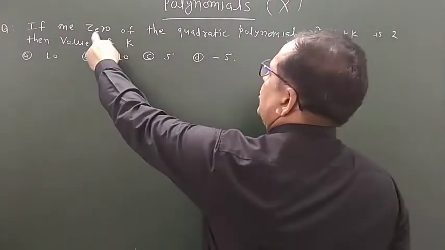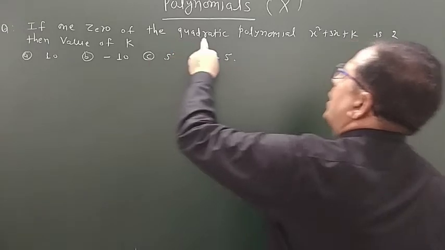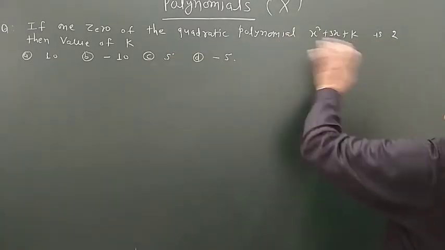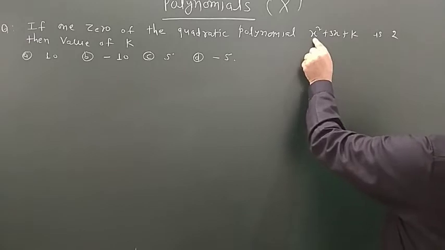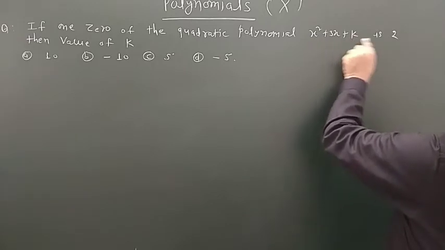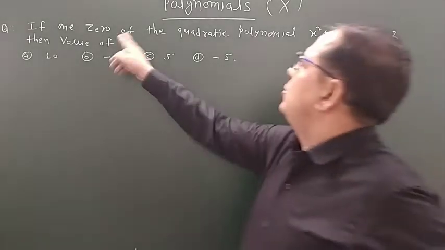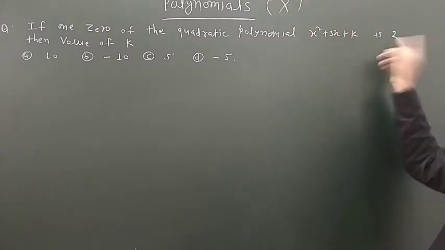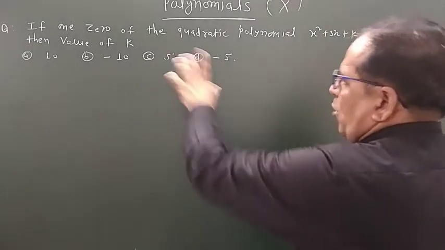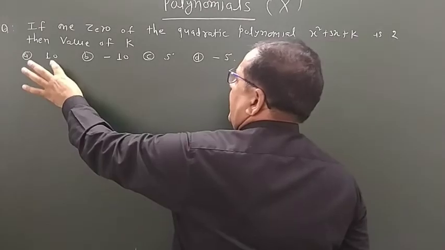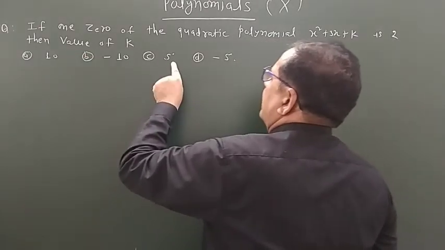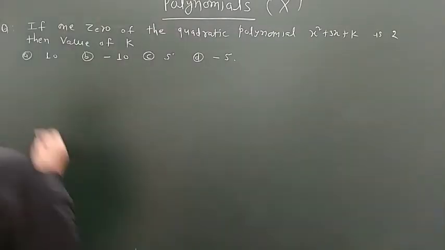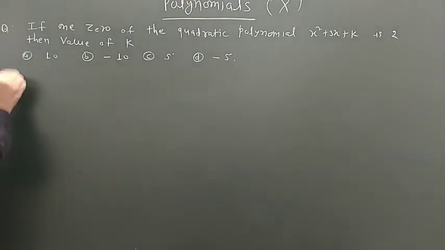If one zero of the quadratic polynomial x square plus 3x plus k is 2, then the value of k, and the four options are given here: 10, minus 10, 5 and minus 5. So how can we find the correct answer?